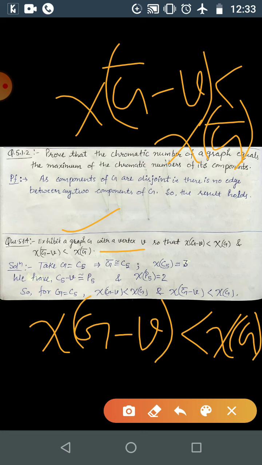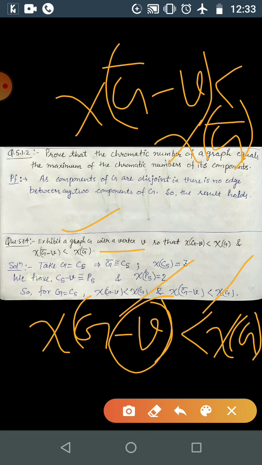So if you consider P5 and C5, then it is working, and P5 you can get from C5 by just excluding one vertex, correct, or you can just say P4 you will be getting by excluding one vertex from C5. So a path you will get after removing a vertex from C5, correct.